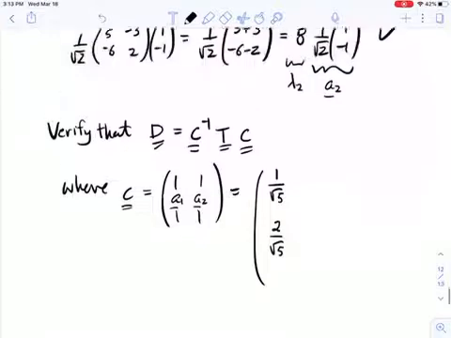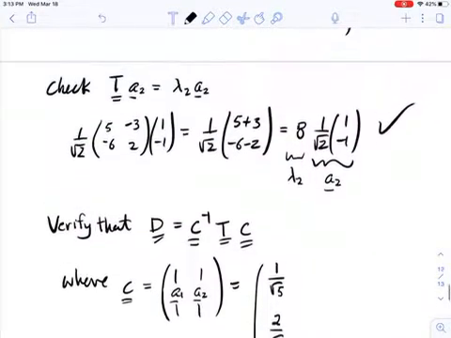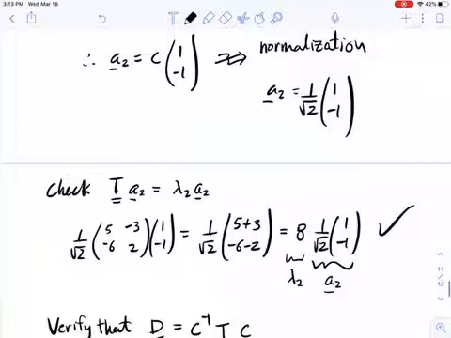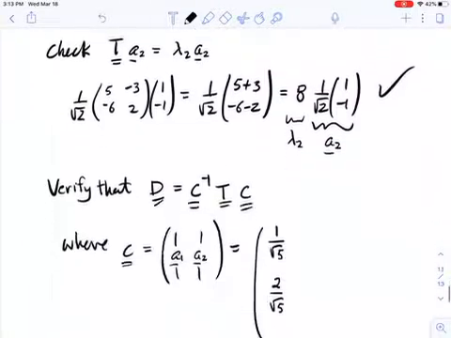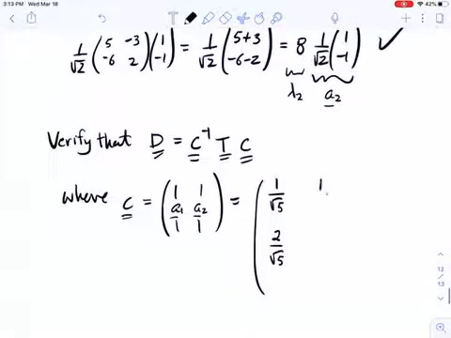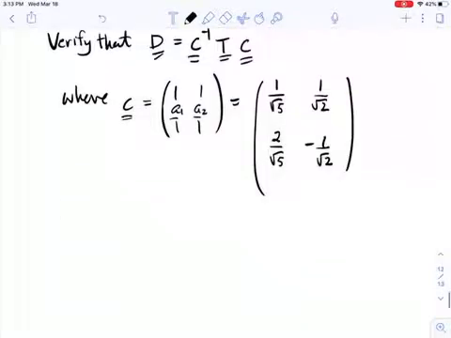Okay, and now A2 was 1 over root 2 and minus 1 over root 2. Okay, so what we have to do is find the inverse of this matrix. So we need C inverse.